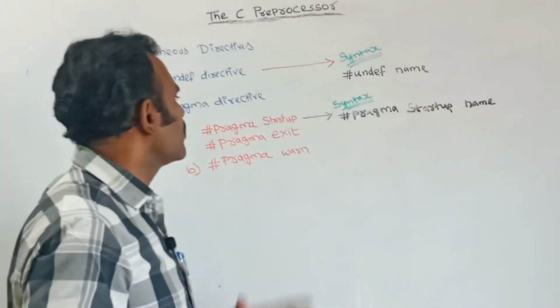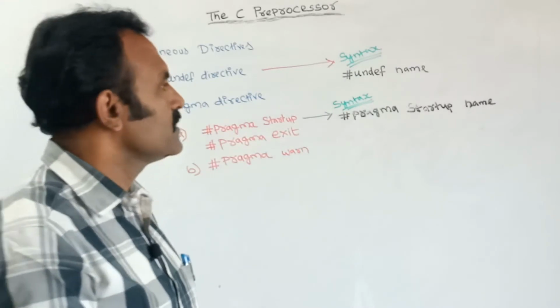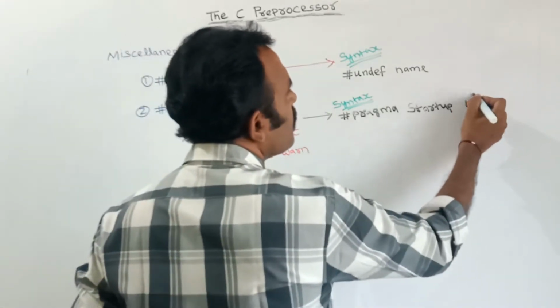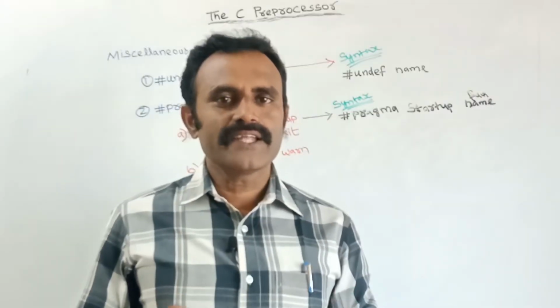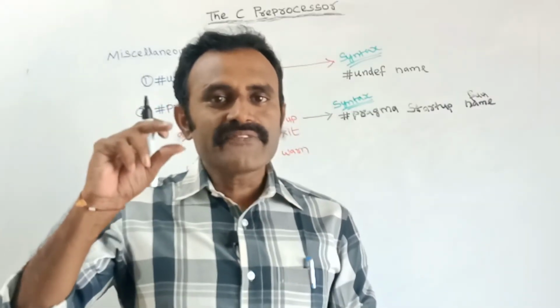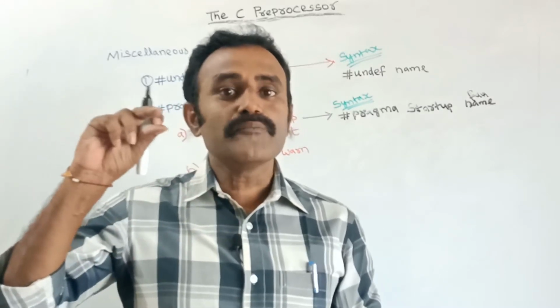The syntax of pragma startup is: pragma startup, after that a name. This one is the function name. Normally, whenever we are running our C program, at the very first time the controller goes to the main function.